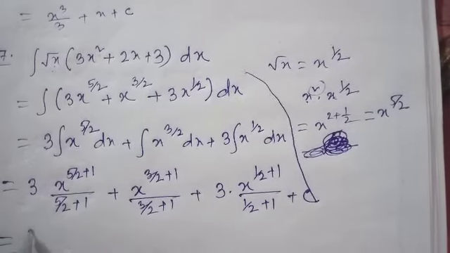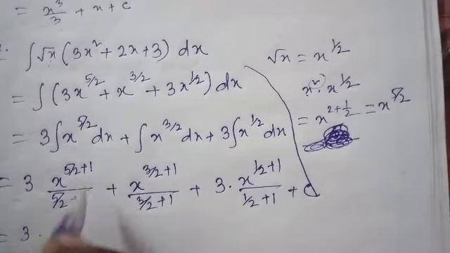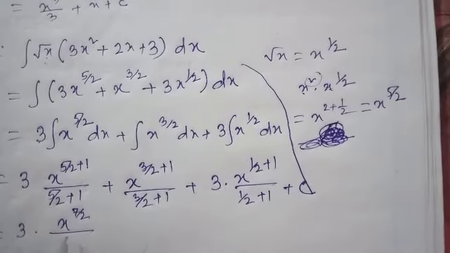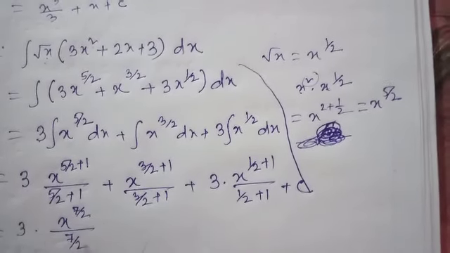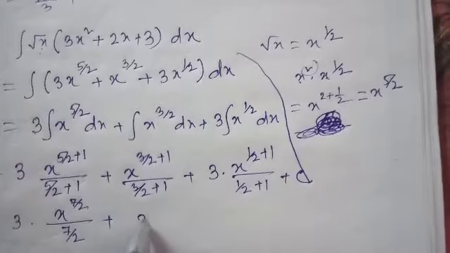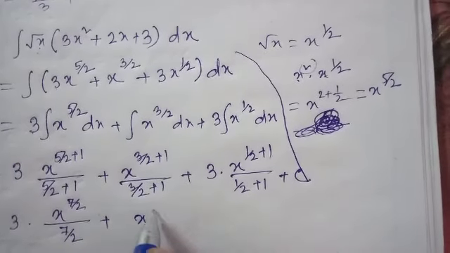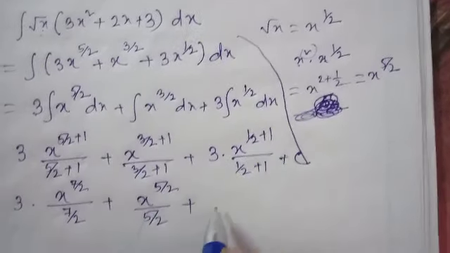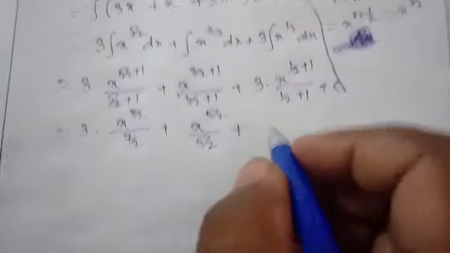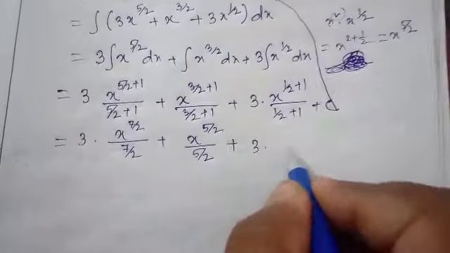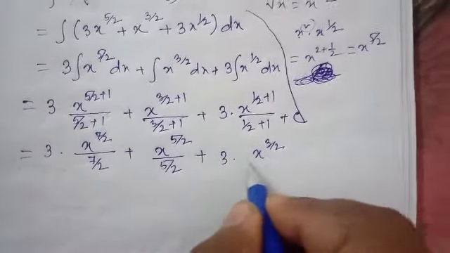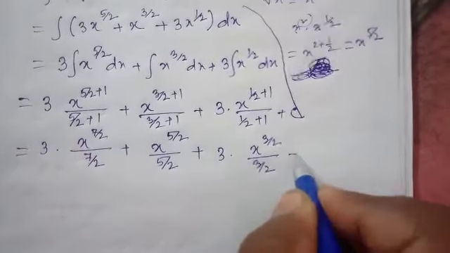So here 3 into x to the power 7 by 2 by 7 by 2, plus x to the power 5 by 2 by 5 by 2, plus 3 into x to the power 3 by 2 by 3 by 2, plus c.